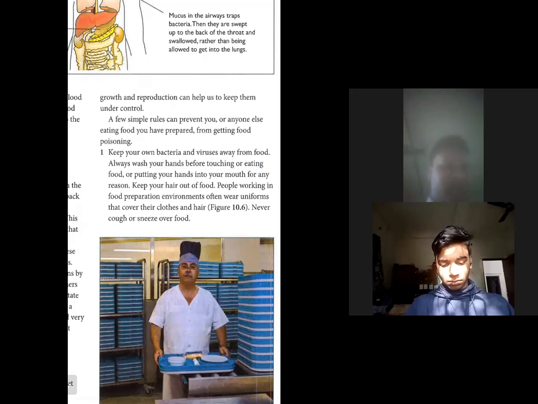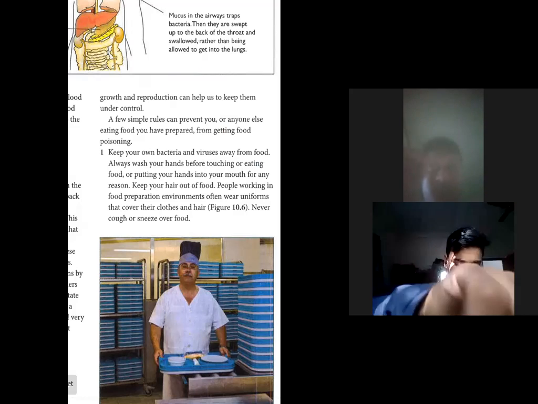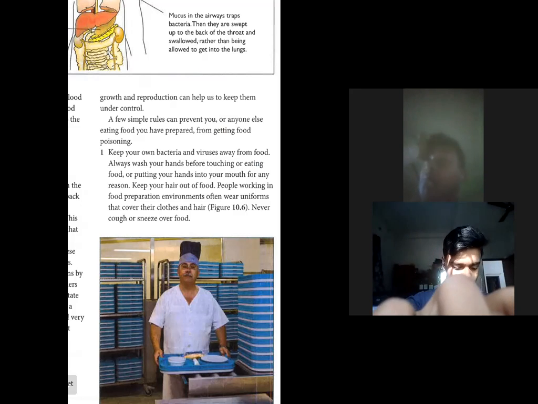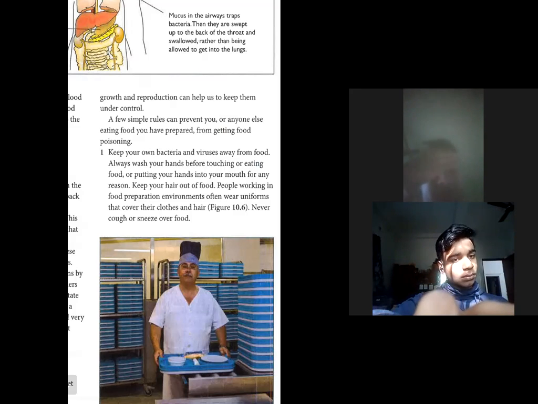A few simple rules can prevent you or anyone else eating food you have prepared from getting food poisoning. Has anyone heard the term food poisoning?